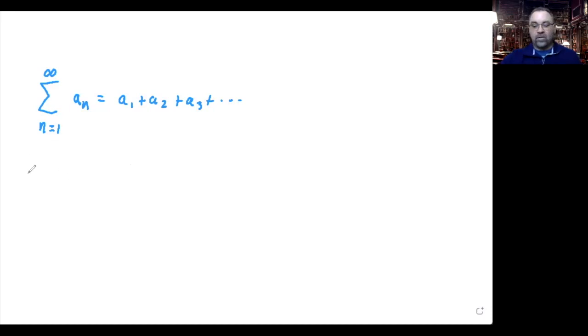We invoke something called the partial sums of a sequence. If I'm using that sequence above, partial sum number 1, S1, is A1. S2 is A1 plus A2.